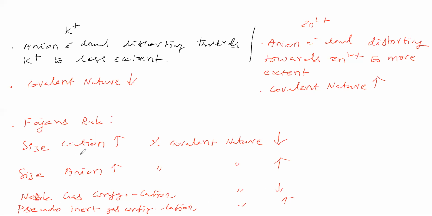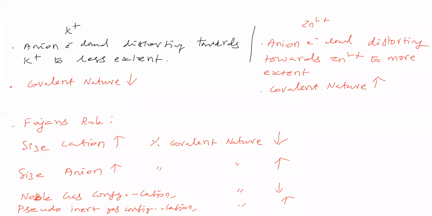So if size of cation increases, percentage of covalent nature decreases. If size of anion increases, then percentage of covalent nature increases. If cation is having noble gas configuration, then percentage of covalent nature will be low. If cation is having pseudo inert gas configuration, then percentage of covalent nature will be high.